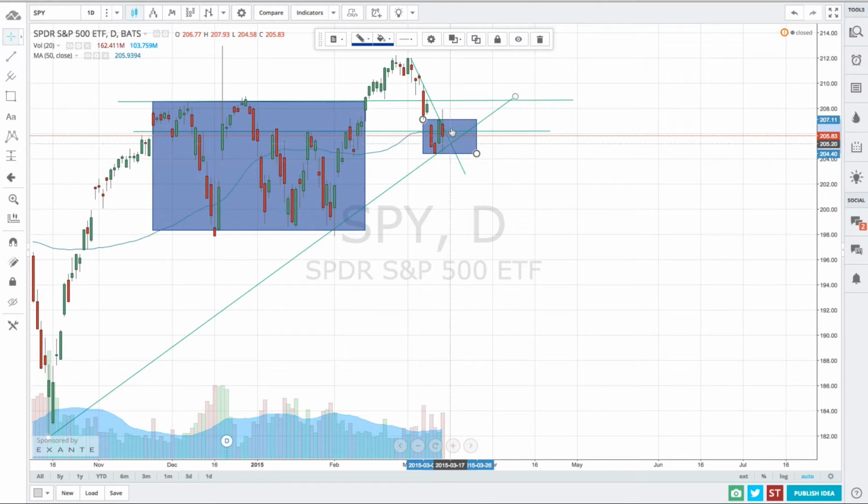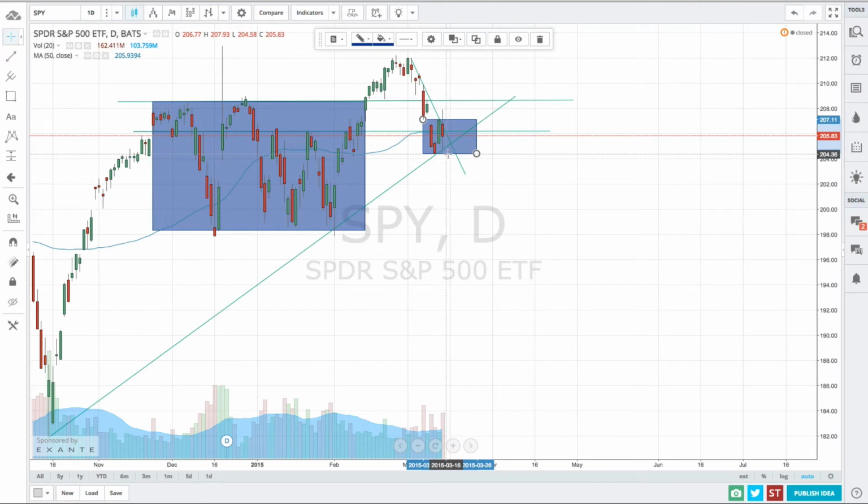If we're really in a 4-day consolidation, and we haven't had that in a while, that's a plus for the bulls, since we're consolidating right around support. If this trend line is going to hold, we're going to break out of the top of the box. If, on the other hand, the bears are going to take us down below this trend line, then they're going to break the bottom of the box right around this 204.